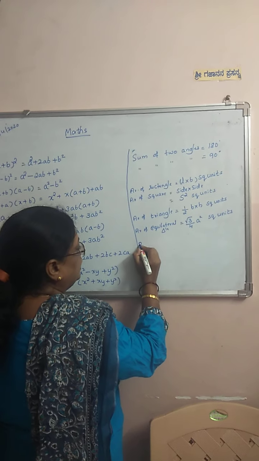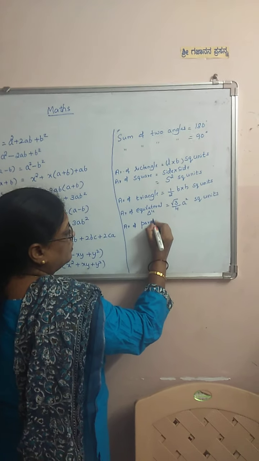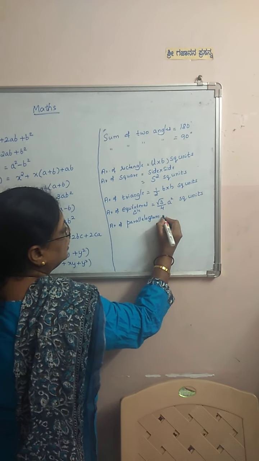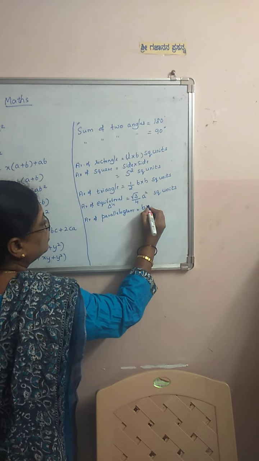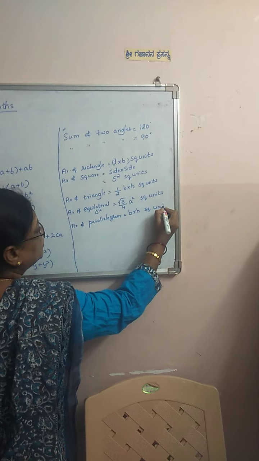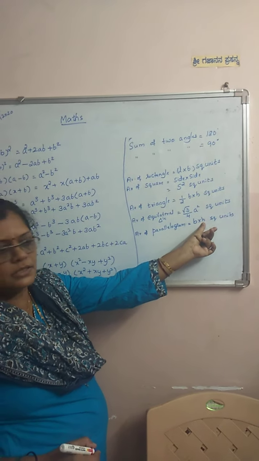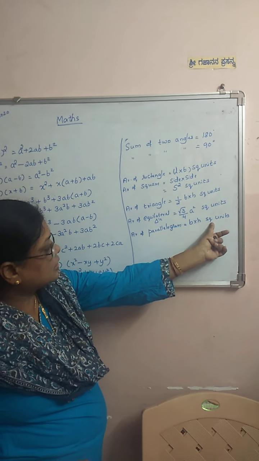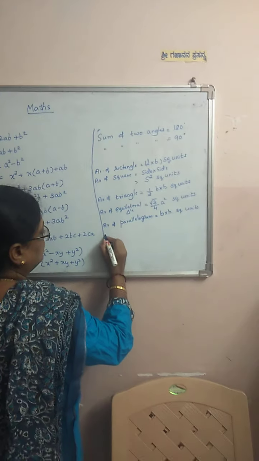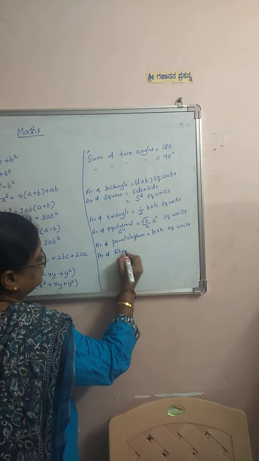Next comes area of parallelogram equals what? b into h square units. What do you mean by b here? b is the base and h is the height, and this is also calculated in square units only. Next comes area of rhombus.